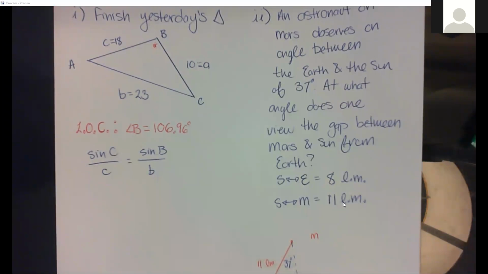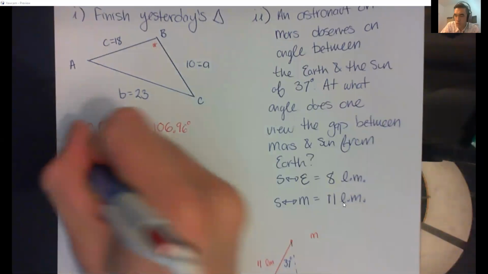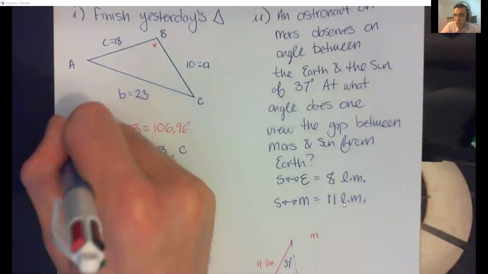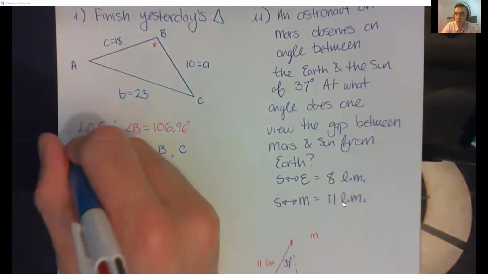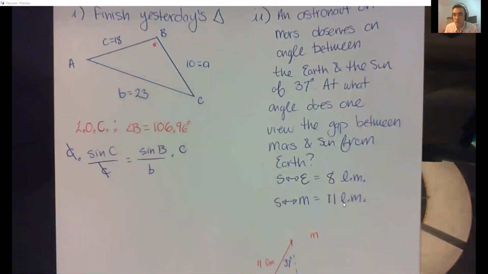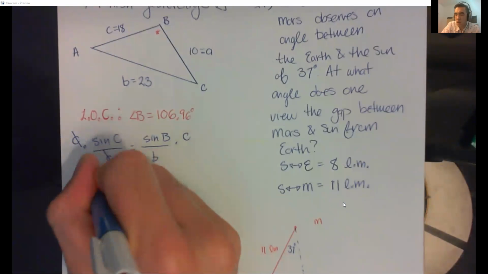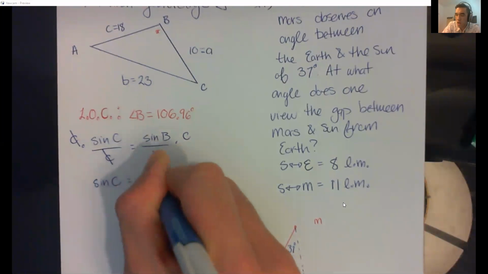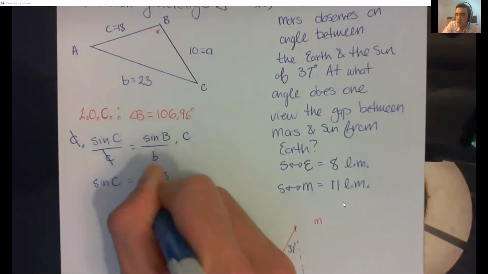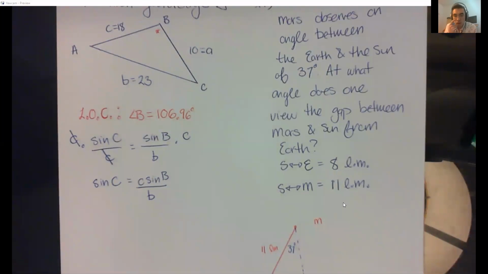I'd say cross multiply first. First, multiply both sides by C. On the left-hand side, C and C cancel. Now I arrive at the statement sine of C is equal to C sine B divided by B.